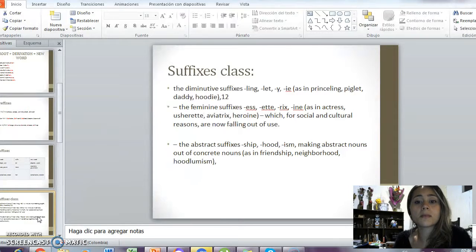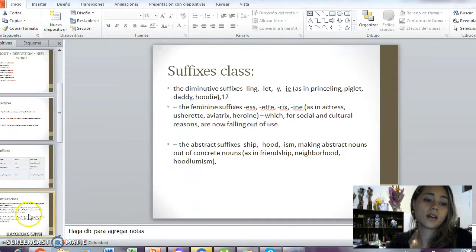So for example, we have actress, so we have at the end ess or ette, and we have the feminine noun. Then the abstract suffixes, like ship or hood, make a word into a concrete noun. For example, friendship, neighborhood. We have the word friend, but we add ship, so now we have a noun. Name, we have hood, neighborhood, or childhood.